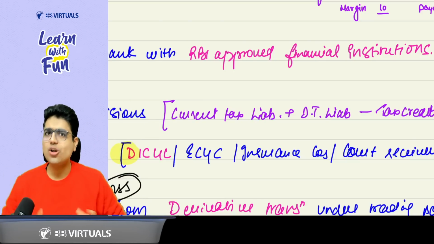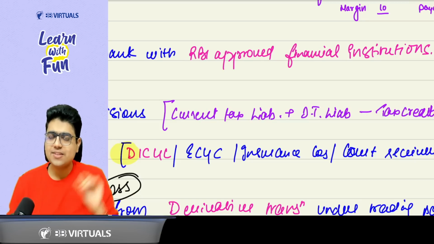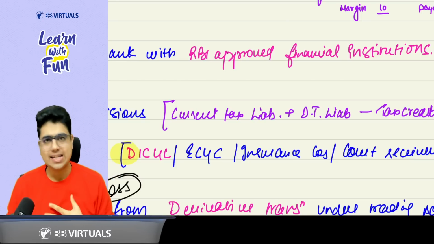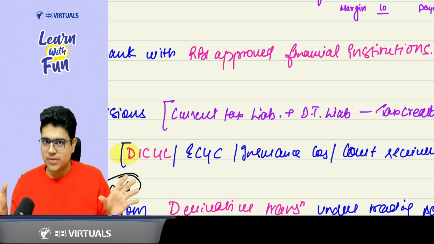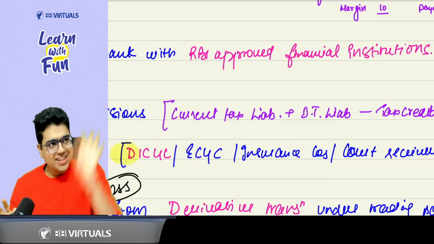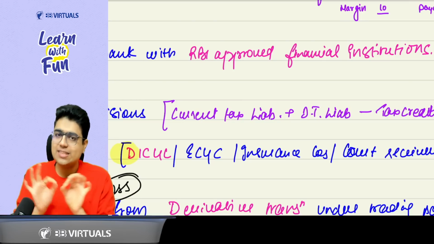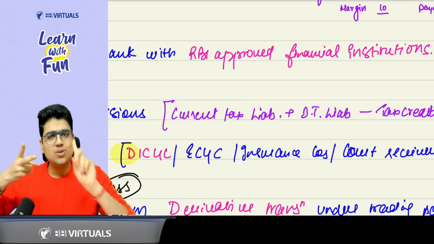Do I have an insurance for that? Answer is yes. Whatever money that you keep with the commercial banks, 5 lakhs of insurance is given by DICGC. So that insurance is available. So let's say the bank got bankrupt and they got the insurance amount from DICGC for the depositor. So do you think it is in the form of current account, saving account, fixed deposit?